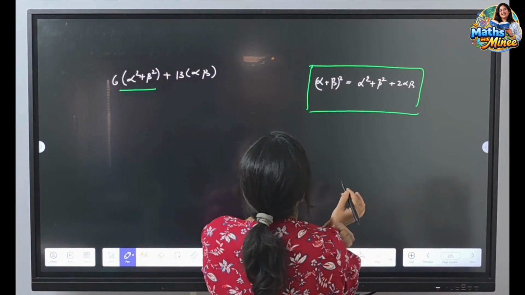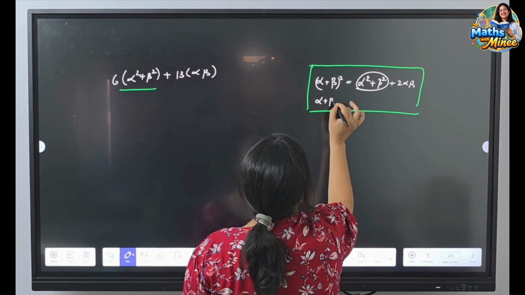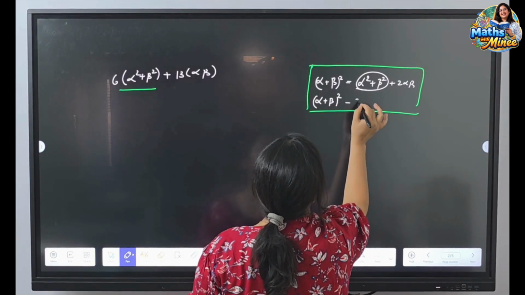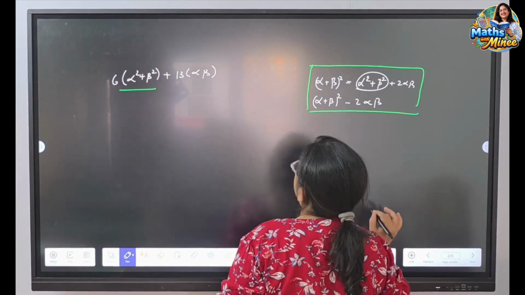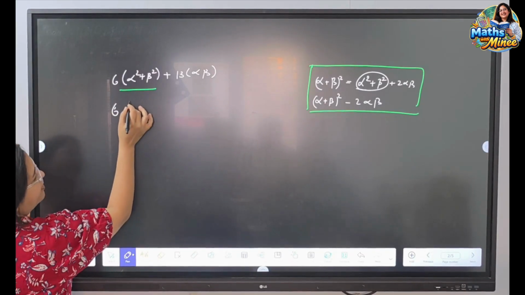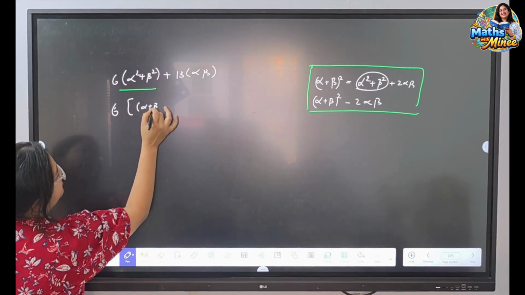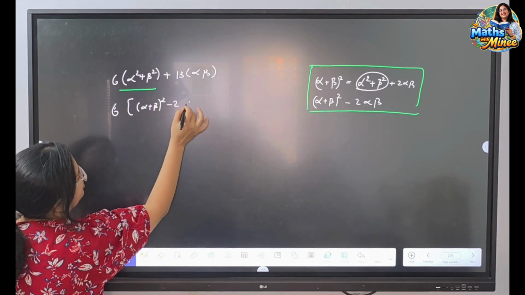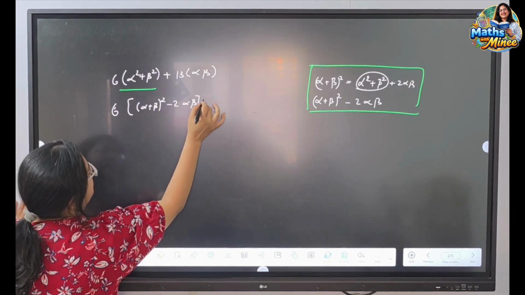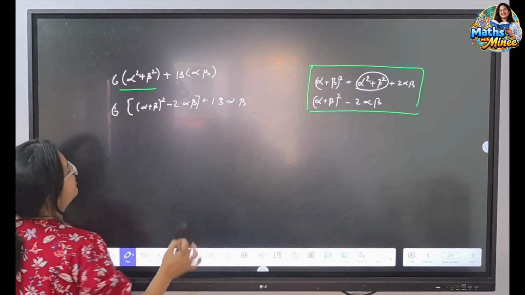Now if you just want alpha square plus beta square, you can write alpha plus beta whole square minus 2 alpha beta. So here we can write 6 times alpha plus beta whole square minus 2 alpha beta, plus 13 alpha beta.